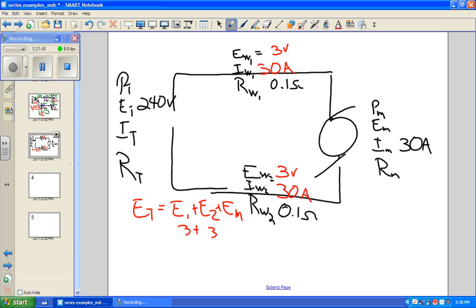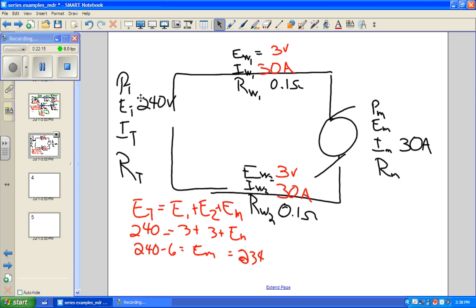So we've got 3 volts here, 3 volts here. Voltage across the motor, 240 volts. So 240 minus 6 is equal to the voltage across the motor, right? 234 volts. Oops. Now, why do you think that's important?